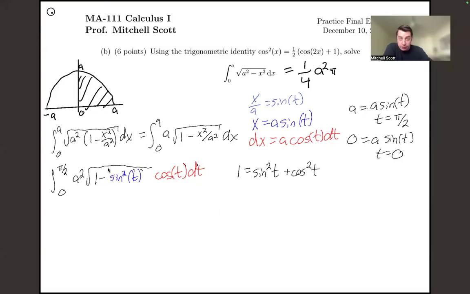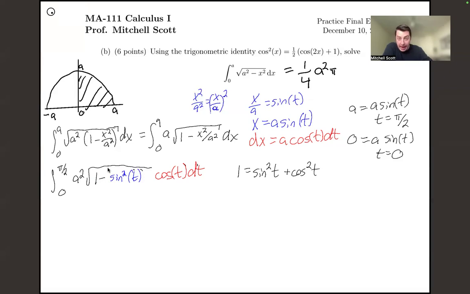And in fact, I have x over a squared here, right? Because x squared over a squared is the same as x over a, that quantity squared. So then because x over a equals sine t, I end up with 1 minus sine squared t. And then because we're doing a u substitution, this cosine t dt shows up, as well as this a here is coming out here as well. So that's why it's now a squared and not a. Really good question.